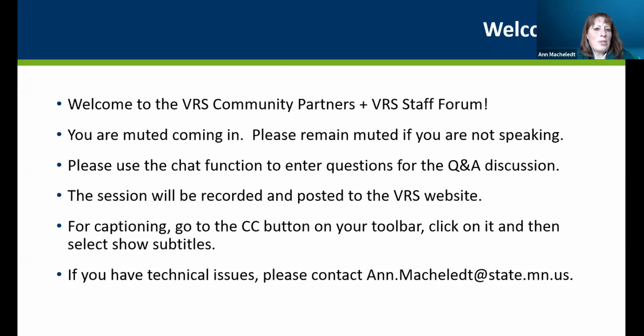But we know that in order to stay muted, I think everybody might be familiar with it, but when we show this screen, full screen like this, your toolbar goes to the top. So know that just by using your cursor and going up to the top, your screen will show that toolbar up top, and your mute is the one that's the farthest to the left. So just make sure that that's red.